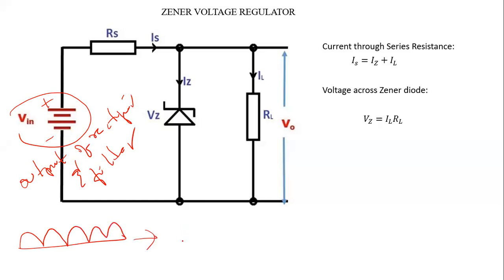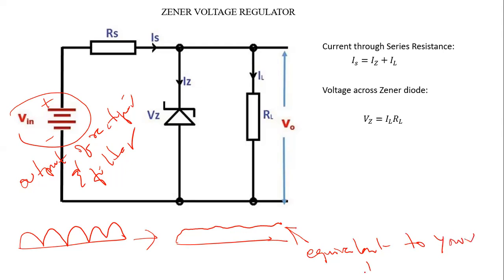After the filter, your output was more or less flat DC. It's almost equivalent to a perfectly flat DC line after the filter. So we can represent the output of the rectifier and filter like a DC source.